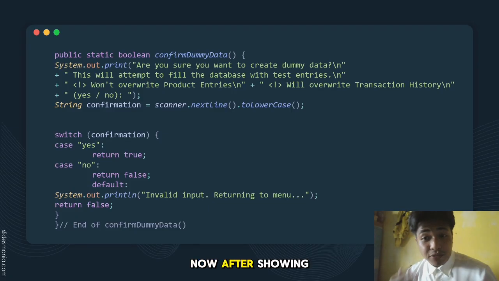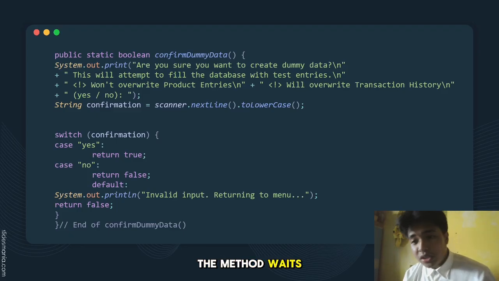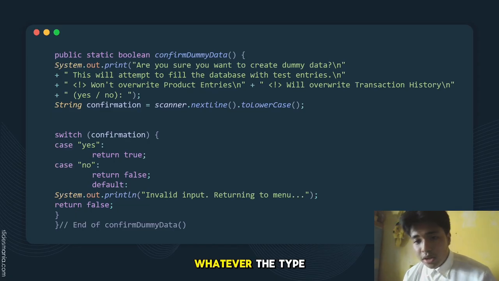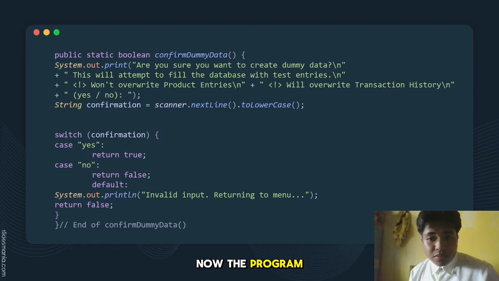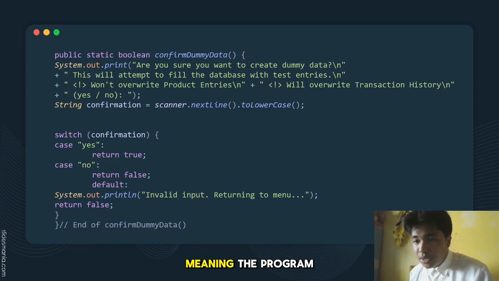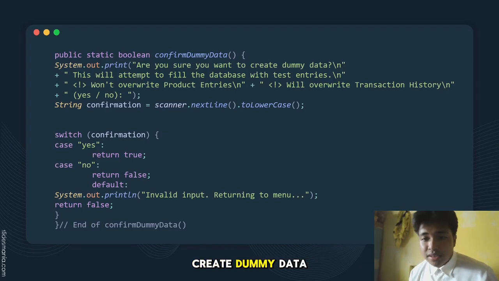Now, after showing the warning, the method waits for the user to either type yes or no. Whatever they type gets converted to lowercase to avoid issues with capital letters. Now, the program checks the user's answer using a switch statement. If the user types yes, the method returns true, meaning the program is allowed to create dummy data.